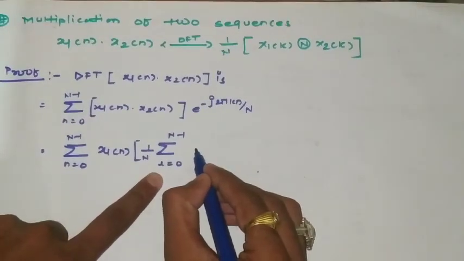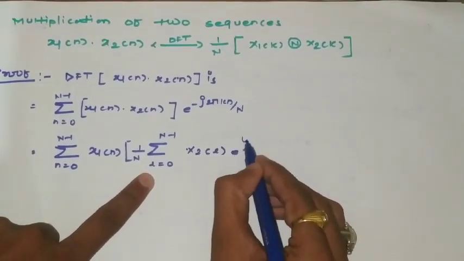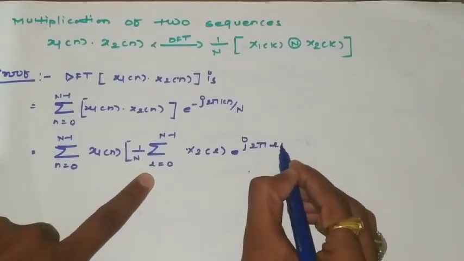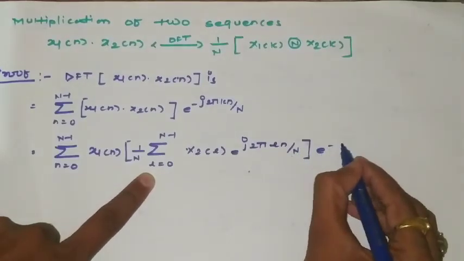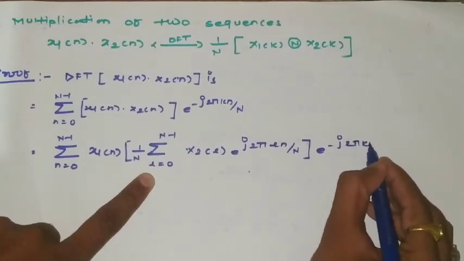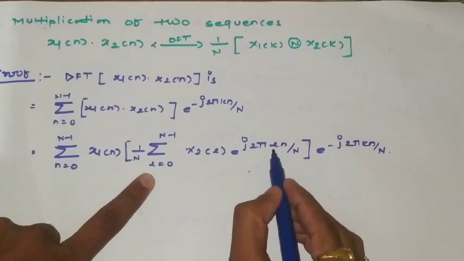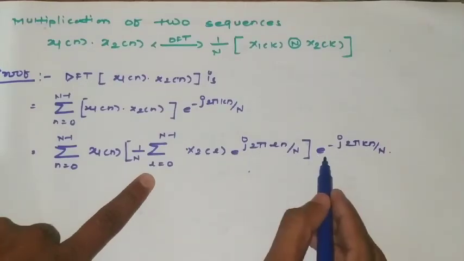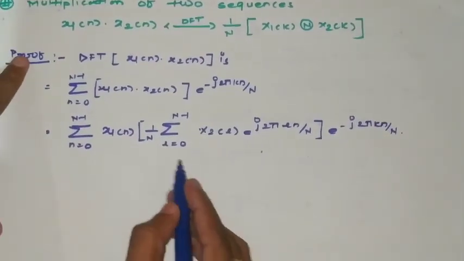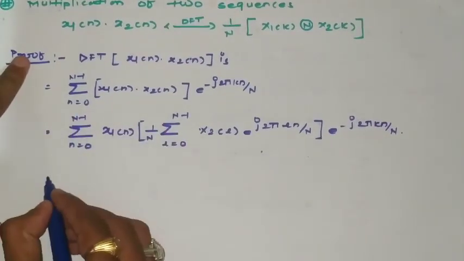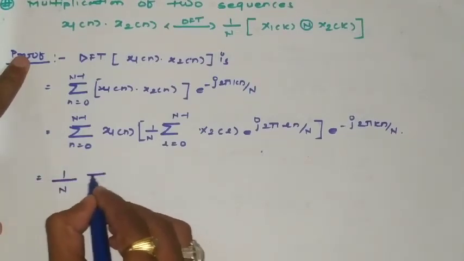This term becomes x2 of L into e raised to plus j 2 pi Ln divided by N into e raised to minus j 2 pi kn by N. See it here, if I use this term as k, the base will be the same and this may get cancelled, hence I use this term as L. Now let us rearrange the terms. I will take 1 by N outside.